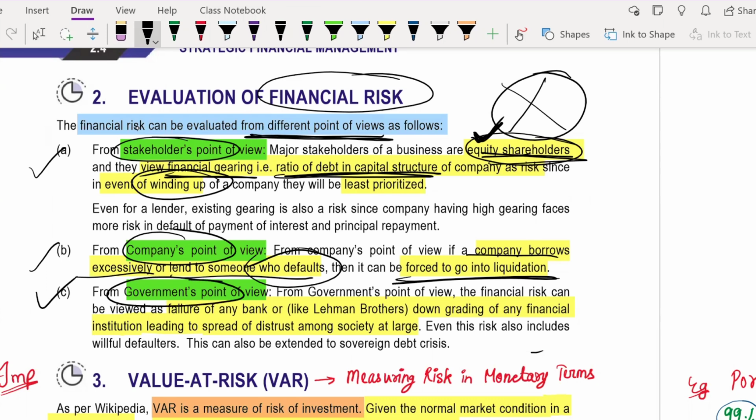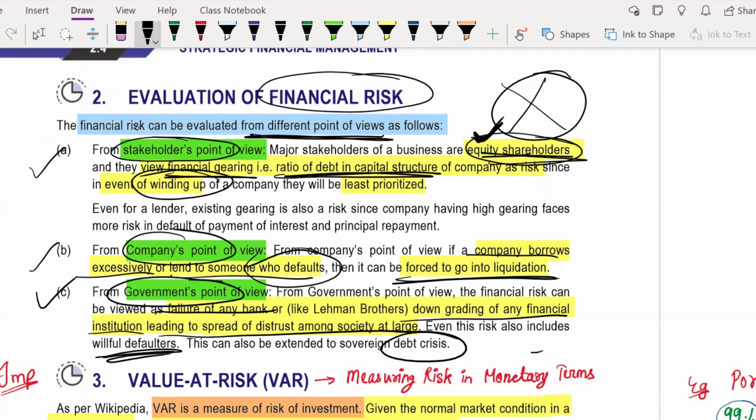Now next is from a government's point of view. What might happen is failure of any bank or downgrading of any financial institution, leading to the spread of distrust among society at large. If there is a bank and the people who have to repay it are willfully defaulting all the time, and there are a lot of defaulters, then it might cause a debt crisis in the bank itself.